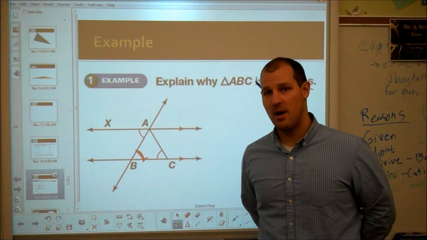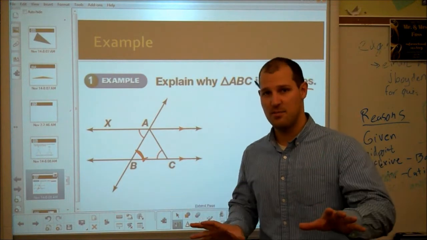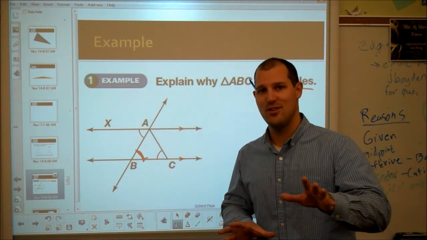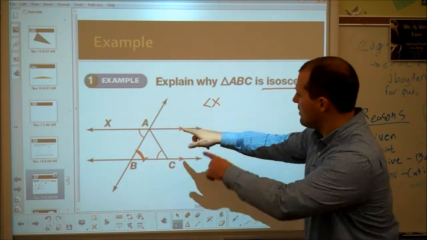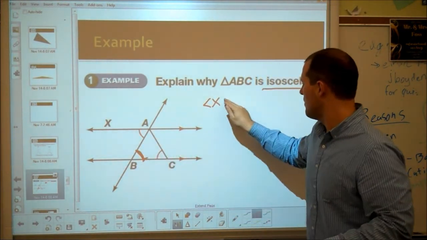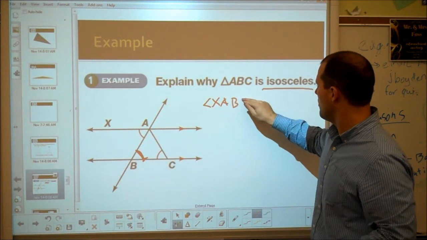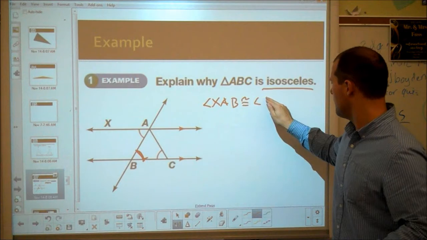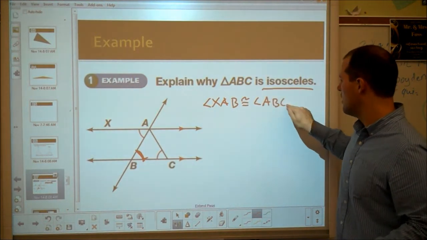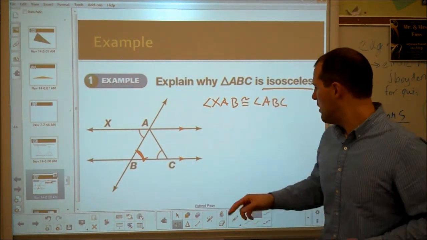Now you may want to pause the video and try to give your own explanation of why that is before I give it to you. Okay, here's my explanation. Angle XAB, that angle up there, is congruent to angle ABC. How do we know that's true?